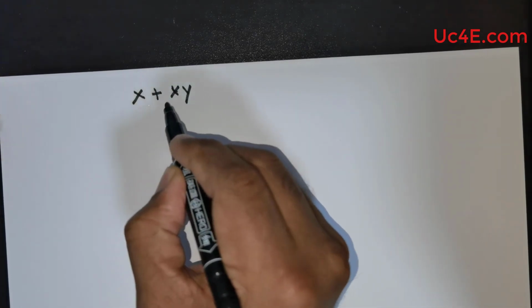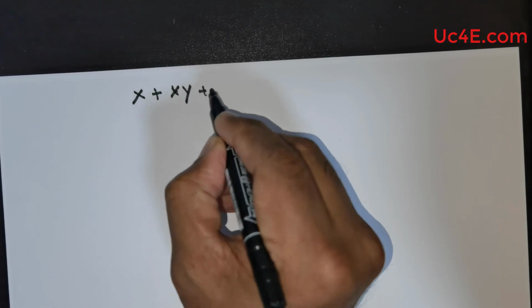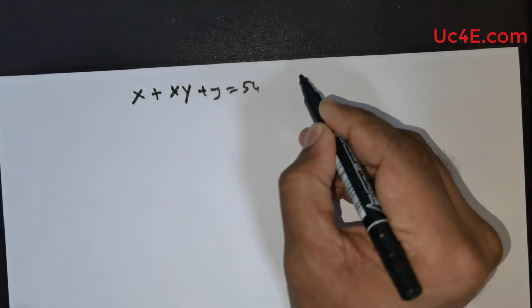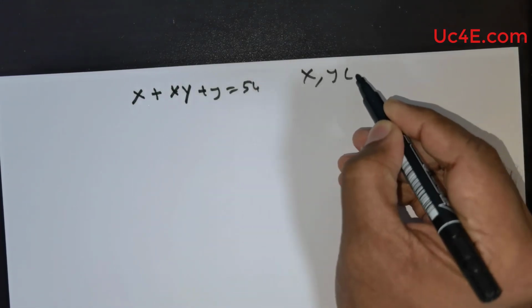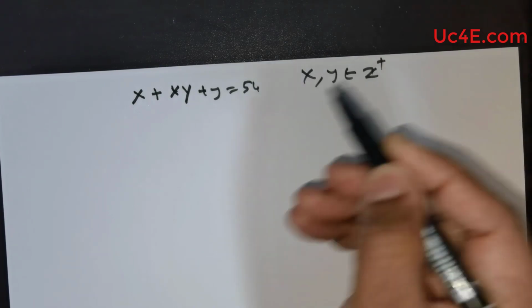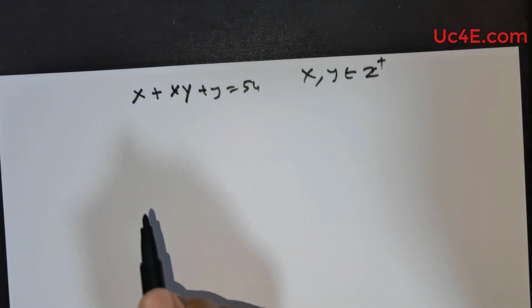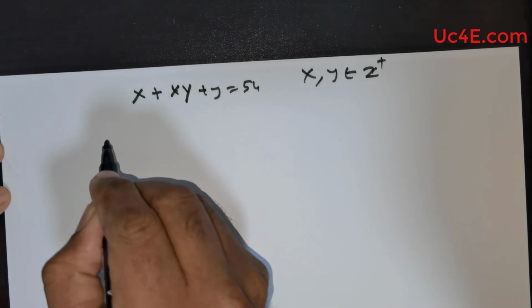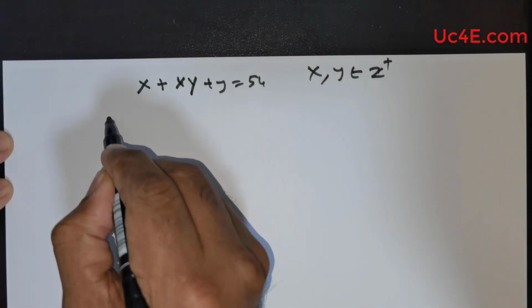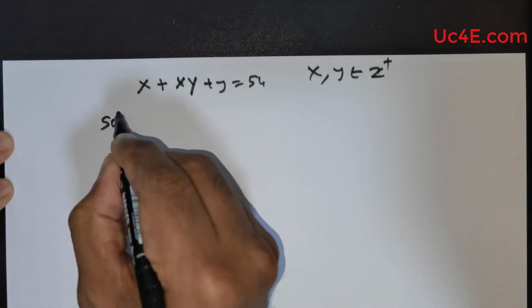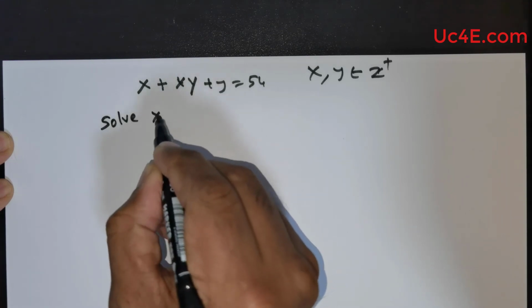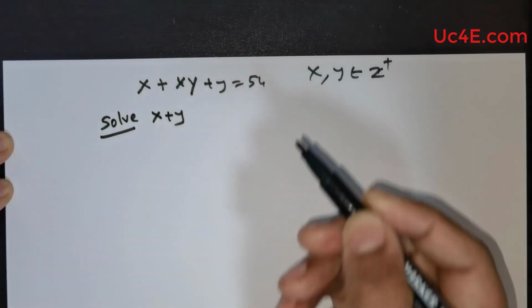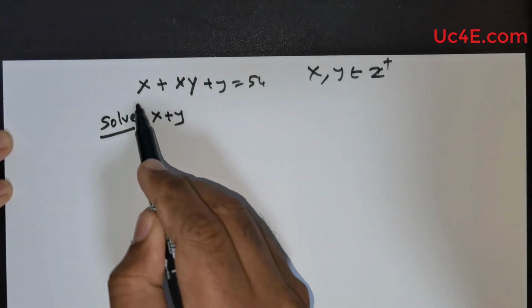The video maker says x + xy + y = 54. Of course it says x, y are elements of positive integers, that's fine. And then the unthinkable happens. Now what is that unthinkable? The video maker goes on to say we have to solve for x + y. Now this is basically flawed.